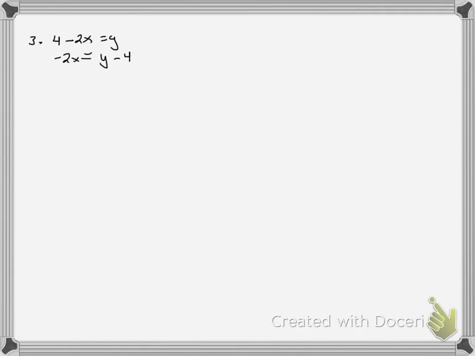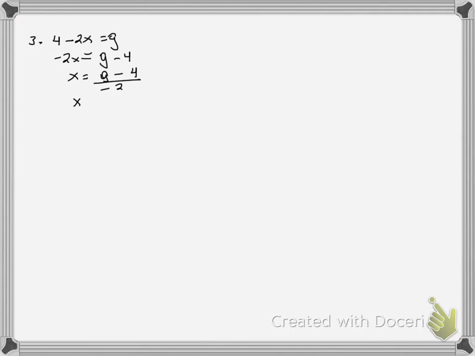And then I'm going to divide by negative 2, and I'm going to get x equals, I'm sorry, that should be a g. G minus 4 divided by negative 2. Now watch this. That's not a good form.